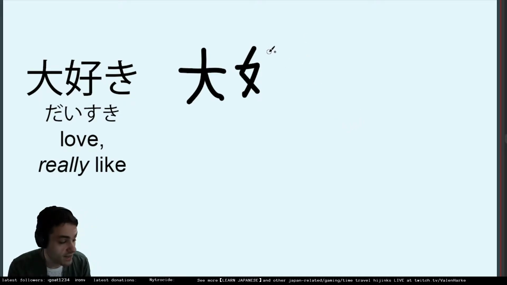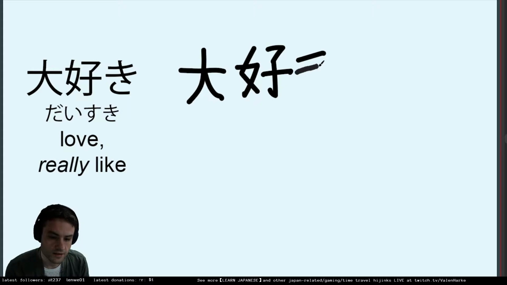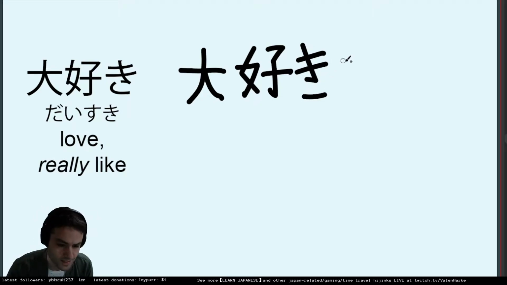And remember, I like to write ko sloppily all in 1 stroke like that, and then give it the tail, but it's technically 2 strokes. 1, 2, and then you add on the 3rd, okay? That's dice, right? Daisuki, all right? There it is, daisuki.